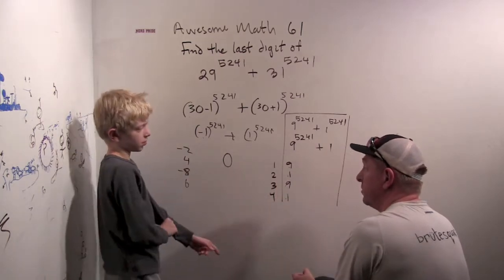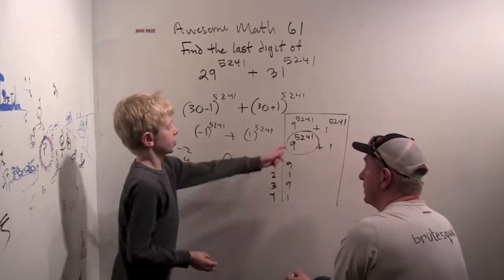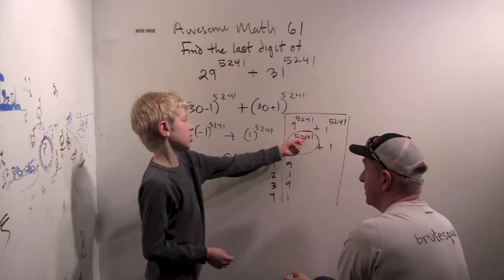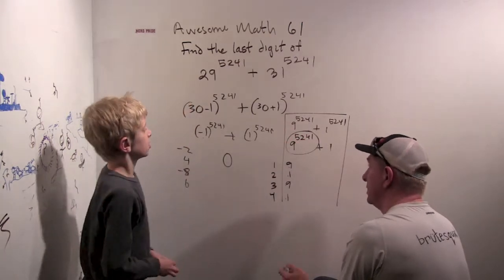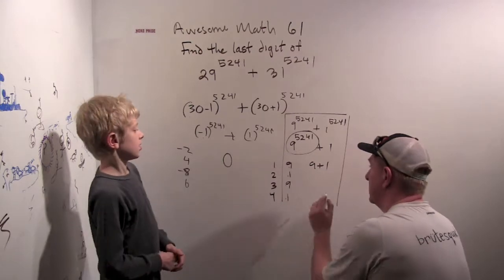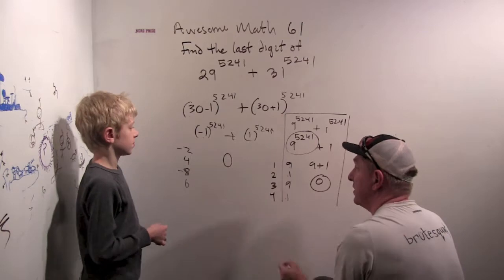So it repeats every 2. So what's the last digit here going to be? For that number it's 9, because this number is odd. And then I get 9 plus 1 is 10, and then the last digit is 0. Last digit 0. Just like you found here.